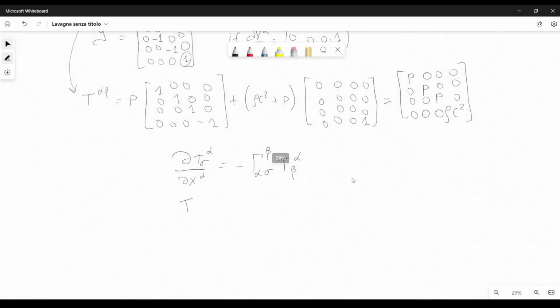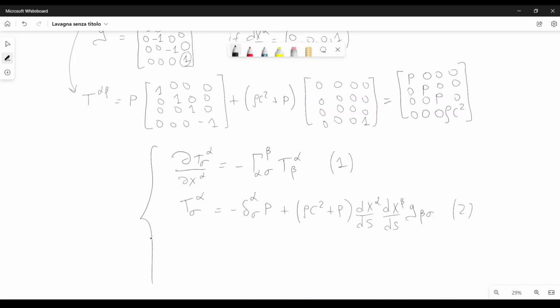So with mixed indices, this becomes T alpha sigma equal to minus delta alpha sigma times P plus rho c squared plus P times dx alpha over ds, dx beta over ds times G beta sigma, like this. So let me call this equation 1, this is equation 2.